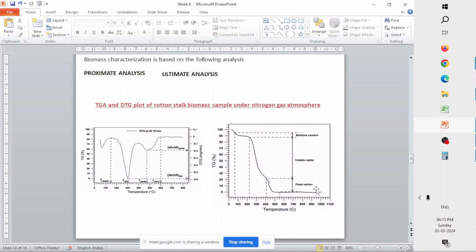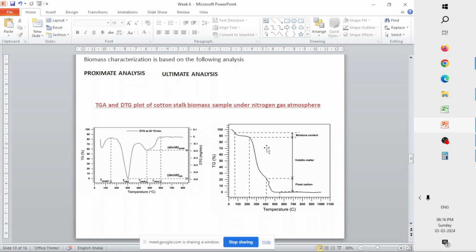The ash content is the inorganic components. Mainly the inorganic components is what we classify as ash. Inorganic components usually don't degrade at temperatures like 900 or 1000 degrees Celsius. They require even temperatures beyond 1000 or 2000 degrees Celsius. So the very small fraction of the mass left in your pan is due to the ash percentage in your biomass sample.